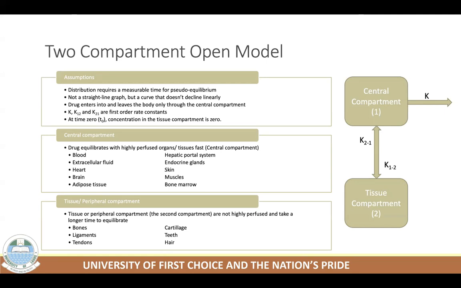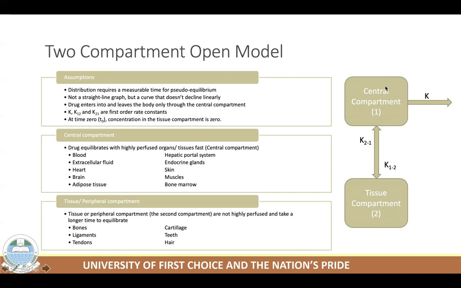The tissue compartment is considered as less perfused than other compartments. And of course, it is made up of structures like the bones, the cartilage, the ligaments, teeth, tendons, and our hair.